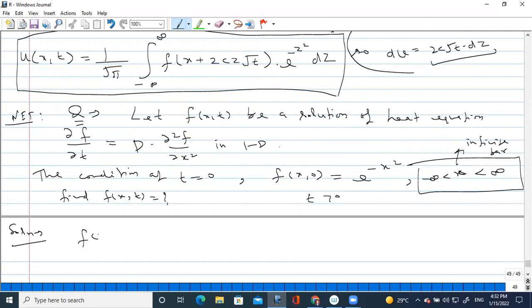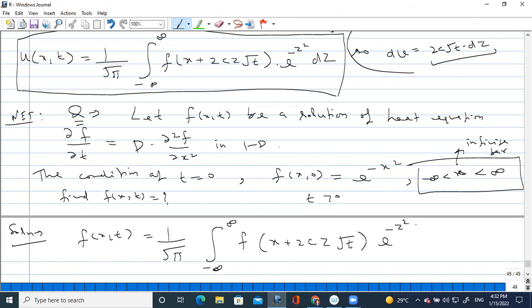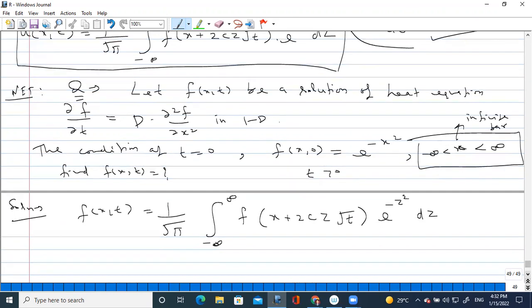So here f(x,t) you want to find out, so that will be 1 by root pi integral minus infinity to infinity f(x plus 2cz under root t) e to the power minus z square into dz. Okay.